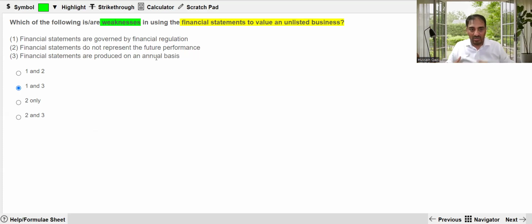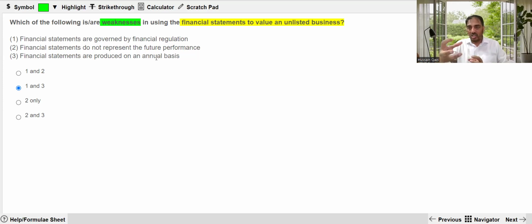If I ask you one question, as an investor, if you wanted to take any decision about, for example, investment in any company or selling of shares of any company, it's compulsory that you have to take the decision at the point when the financial statements are produced. But as investors, we want to take decisions anytime during the year. So with the viewpoint of the investor, it's a weakness.